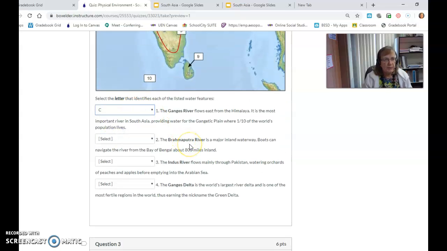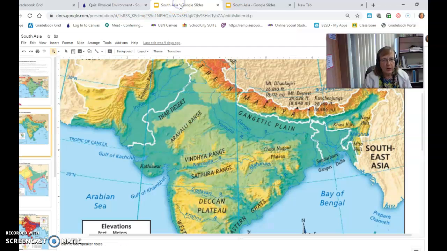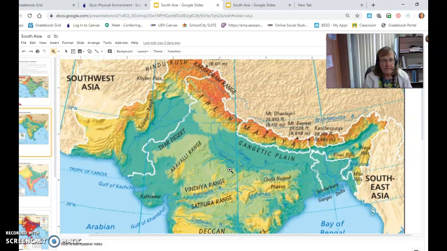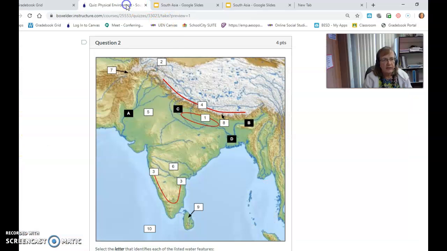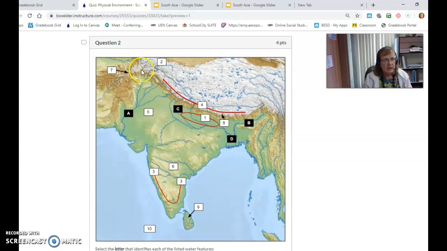And then the Brahmaputra River is a major inland waterway. Let's look over here and find the Brahmaputra. Okay, I see it up here in Asia, and then it flows down here. It probably gave me some clues on the other thing, but let's look at the map. The B then is the Brahmaputra. The Indus River flows mainly through Pakistan, watering orchards of peaches and apples before emptying into the Arabian Sea.